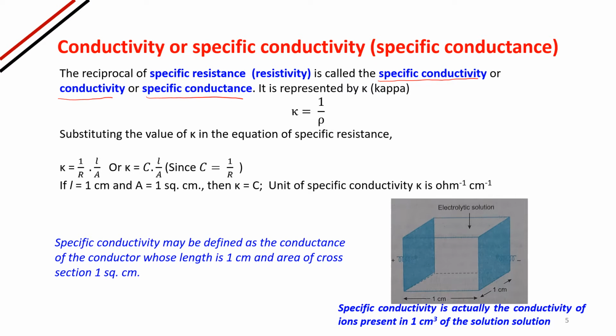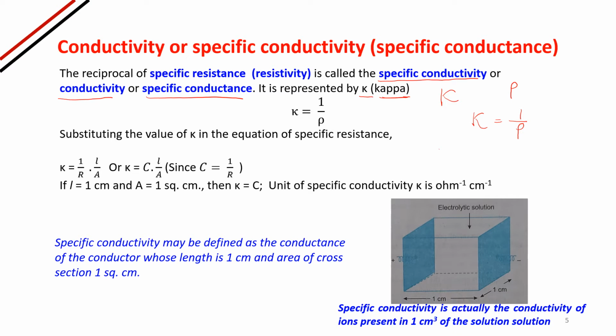It is represented by the symbol K, which is known as kappa. It is written like this actually, kappa. Now, as it is the reciprocal of specific resistance, which is denoted by rho, I can write kappa equals 1 by rho.